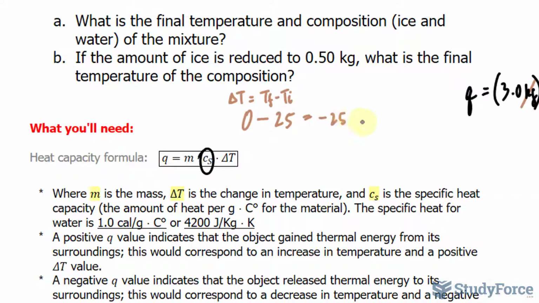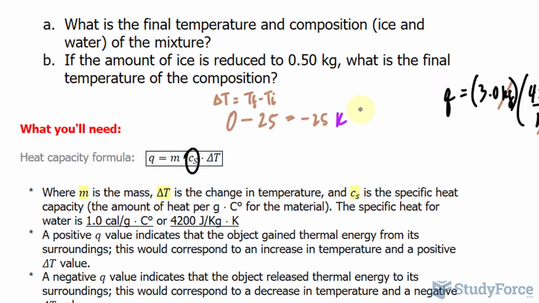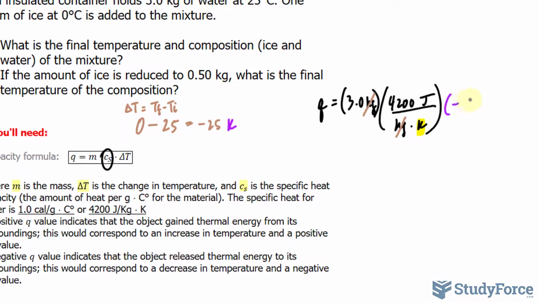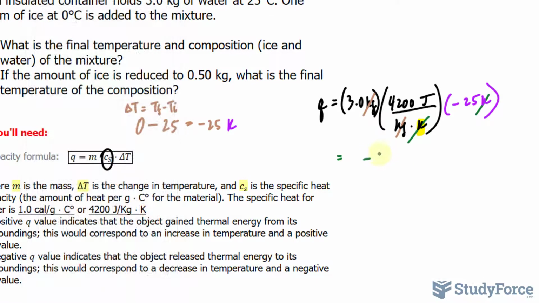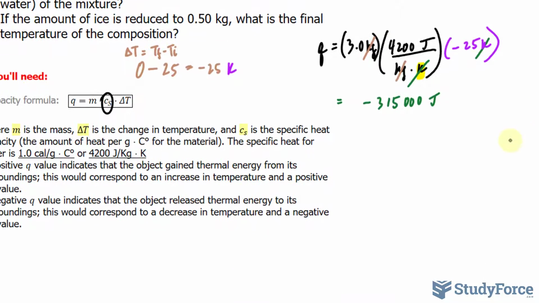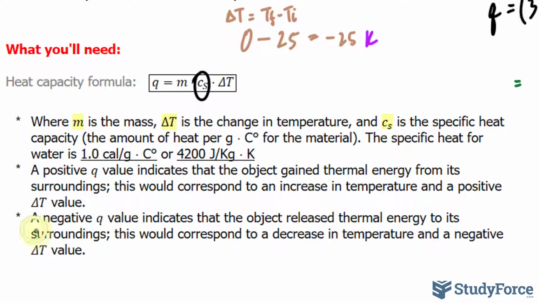So rather than writing down negative 25 degrees Celsius, I'll just write down negative 25 Kelvin. That cancels out with that. And multiplying this out, we end up with a negative value, and I'll show you. Now that negative value is expected. It's negative 315,000 joules. This is expected because a negative Q value suggests that the object released thermal energy to its surroundings.